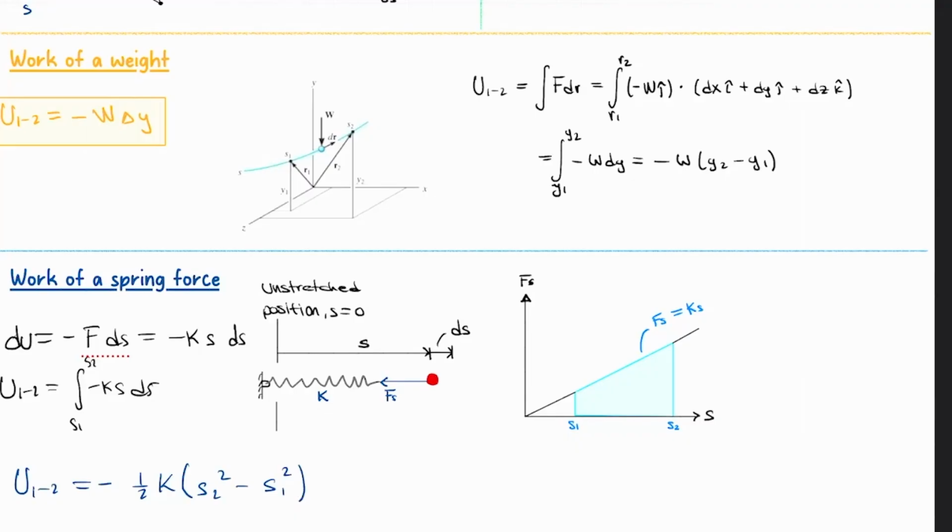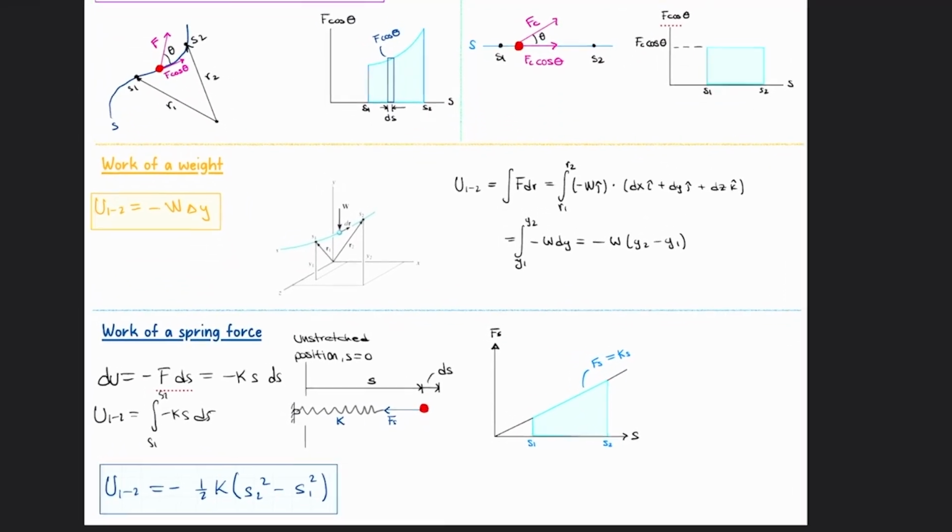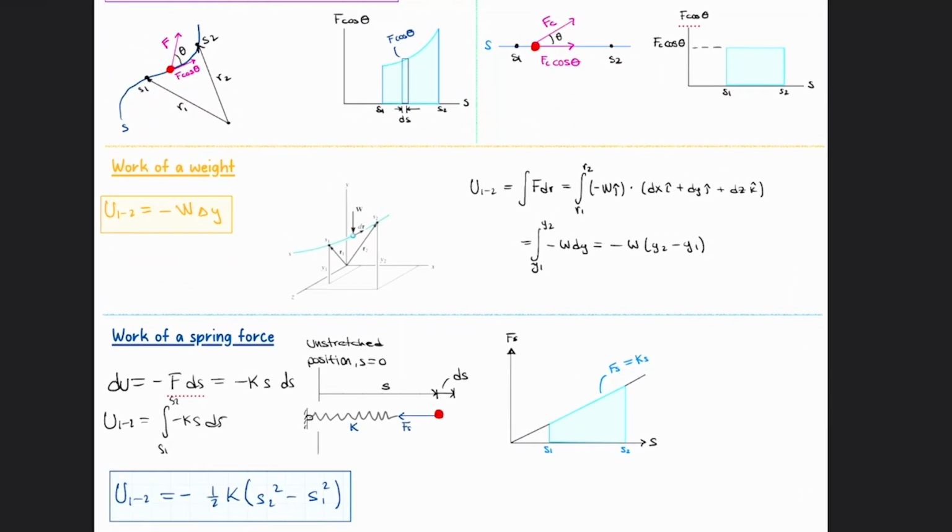Notice, of course, that k is constant, so it can go outside, k being the spring constant, the stiffness of your spring. So this is the equation for the work done by a spring. These are the equations that we need. Once again, the formulas for work are pretty straightforward. We'll apply them right now in the principle of work and energy, but that's all we need from this section. So I'll see you in the next video with the problems.